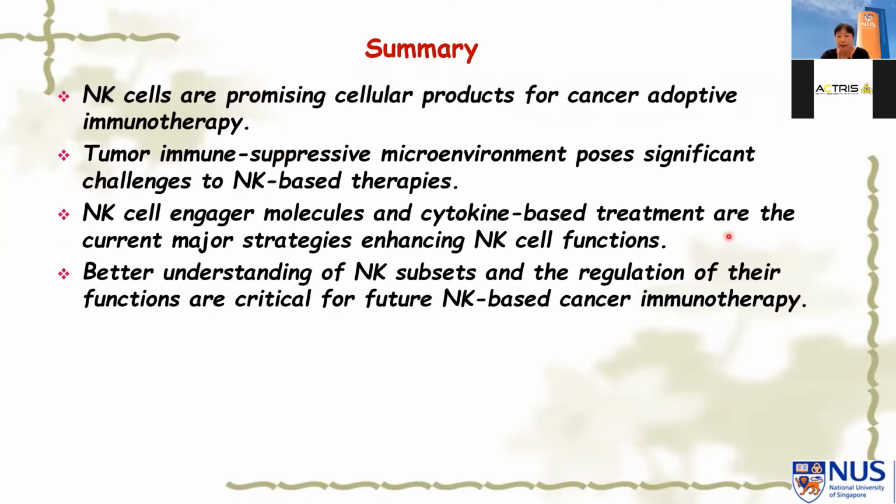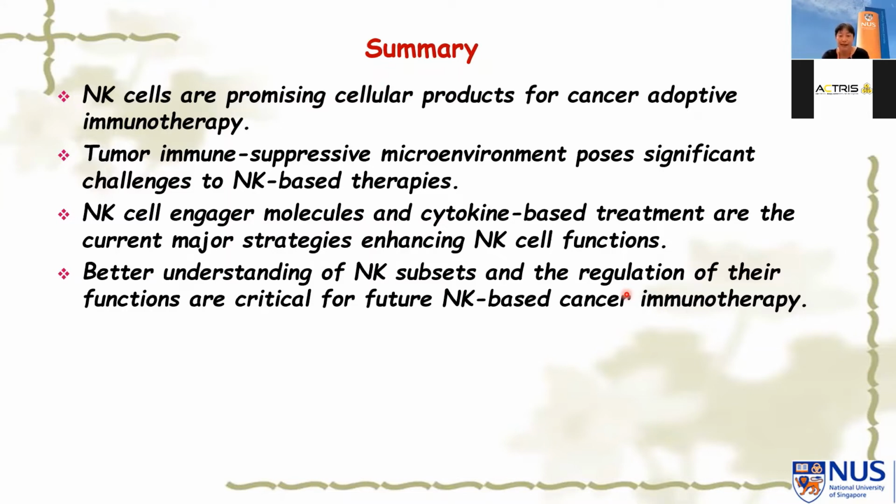And better understanding of NK-based cancer immunotherapy, NK subsets and the regulation of their functions are critical for the future NK-based cancer immunotherapy. So there's still quite a lot to do, because now we can see by single cell RNA sequencing, it's not just one single NK population.